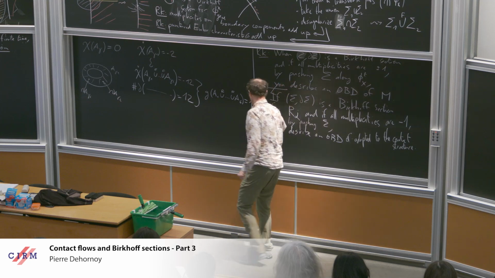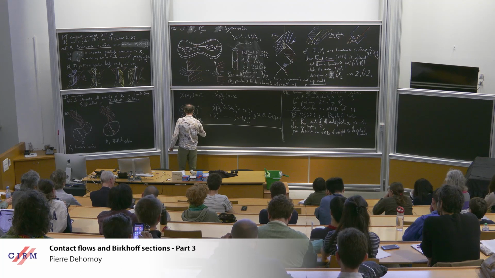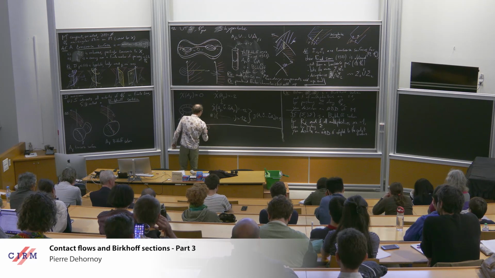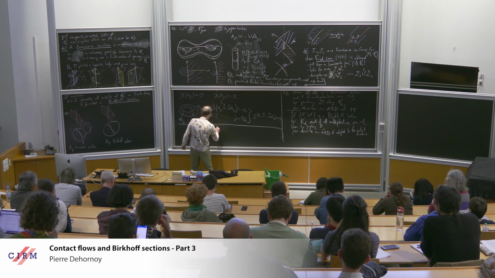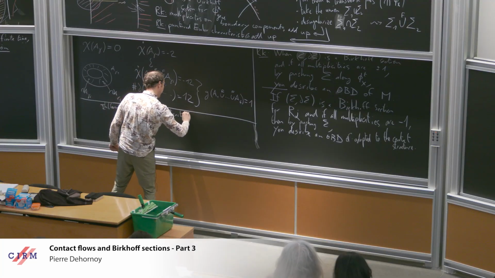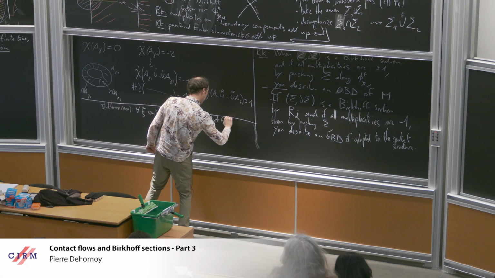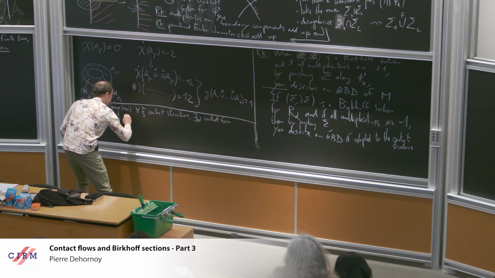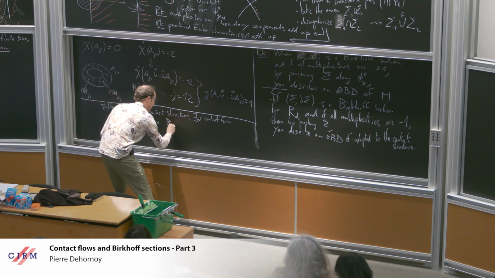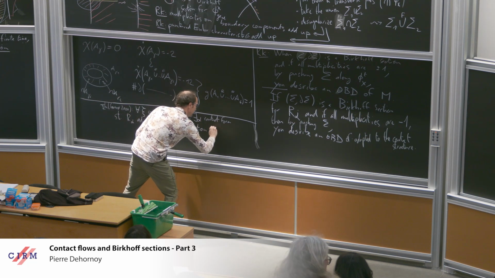So in a sense we can rephrase Giroux's theorem: for every contact structure psi, there exists a contact form alpha such that R alpha admits a Birkhoff section with multiplicities -1.